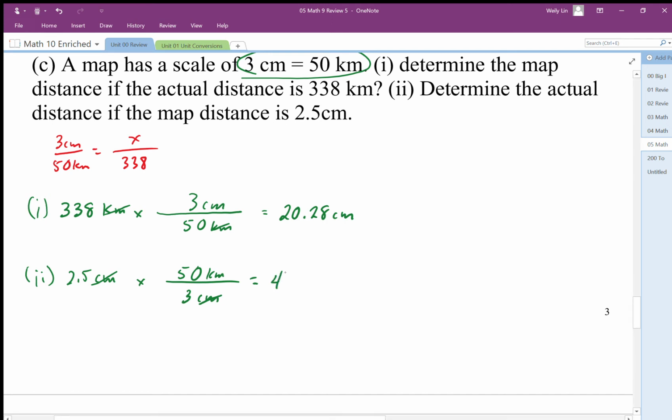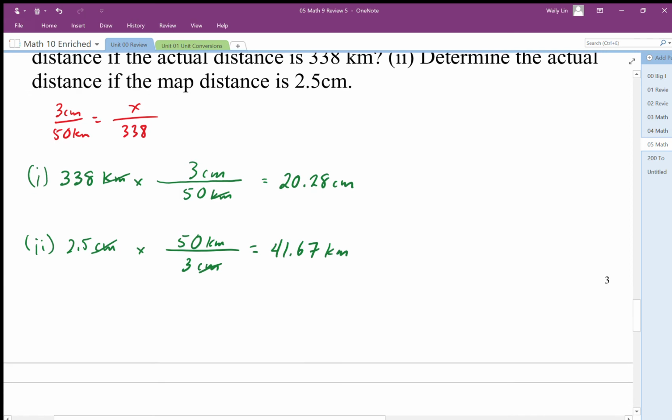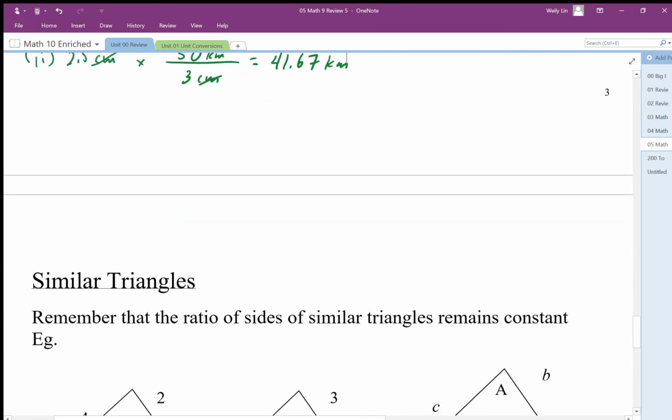So I'm going to round that to 41.67, and the units are kilometers, which is what I'm looking for. So this is going to be the actual distance for a map scale distance of 2.5 centimeters. And again, we can use this proportional equation, but we've now started to develop this other strategy of unit analysis.